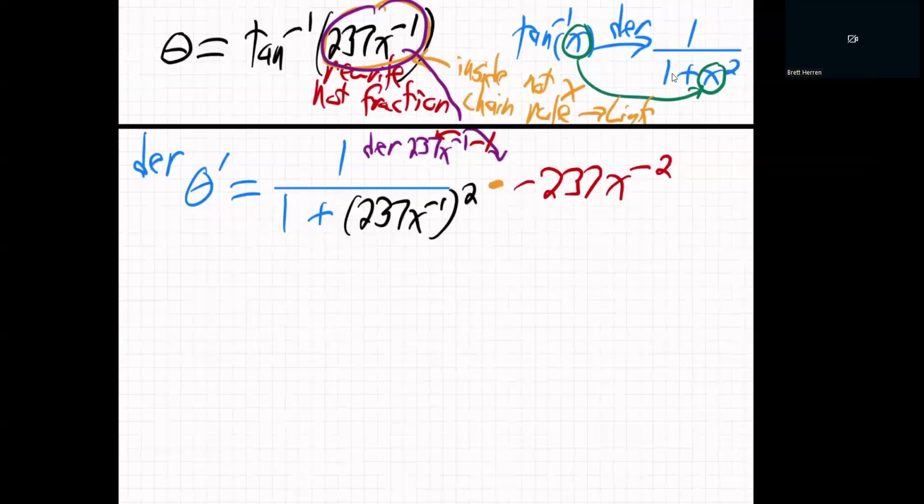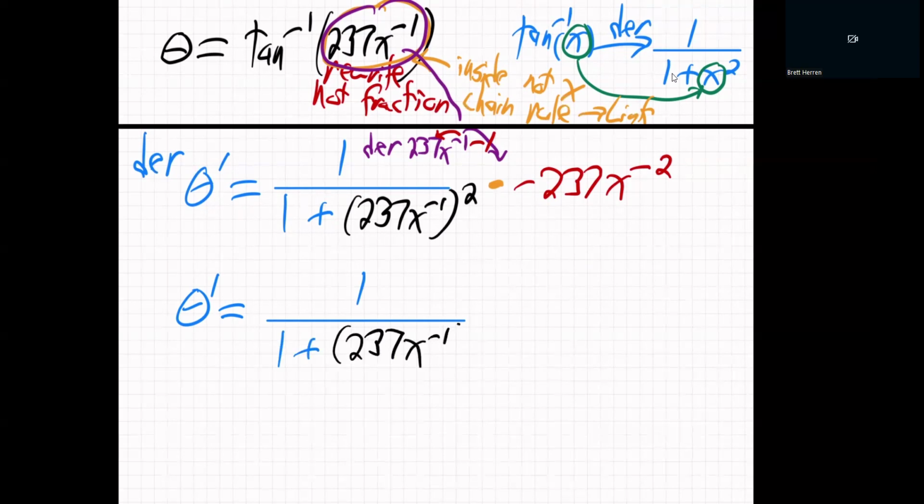All right, so let's clean that up just a bit. We got theta prime equals 1 over 1 plus 237 x to the minus 1 squared. And this guy is really over 1, so he'll just go up to the top and multiply by that 1. So that'll just be minus 237 x to the minus 2.